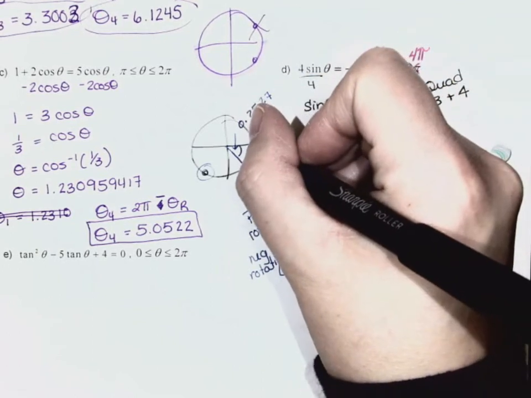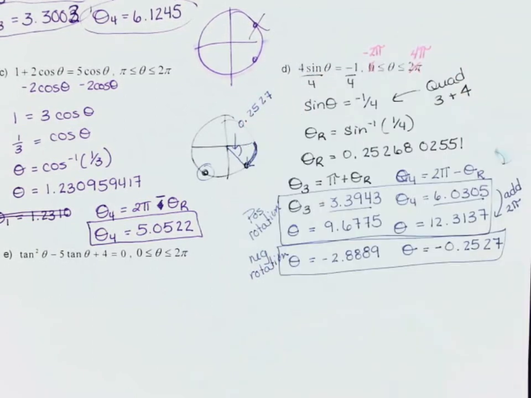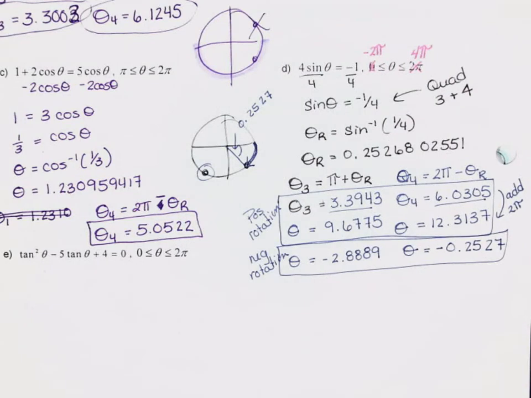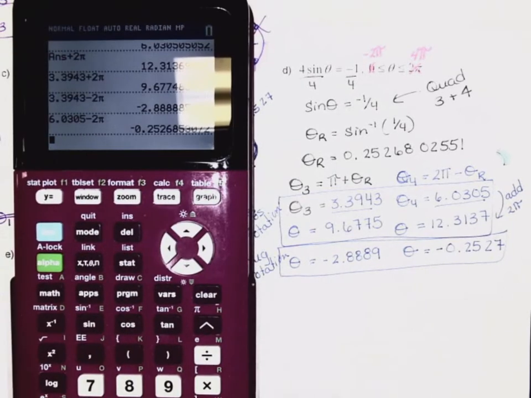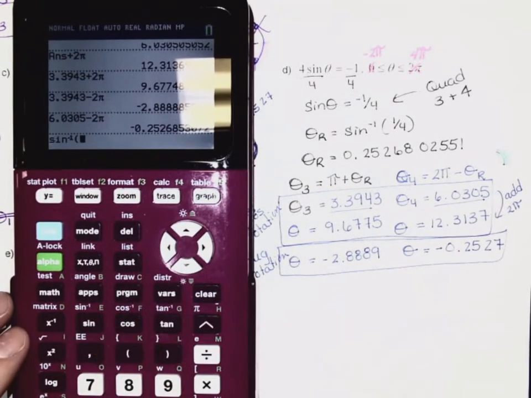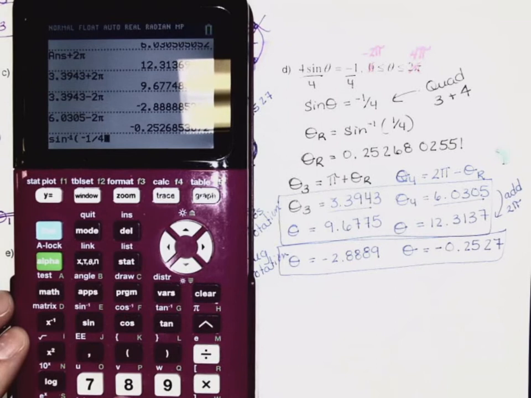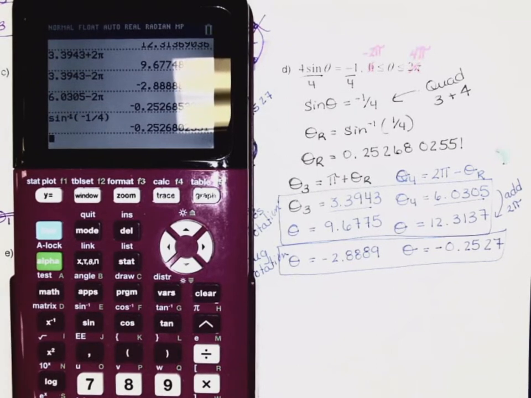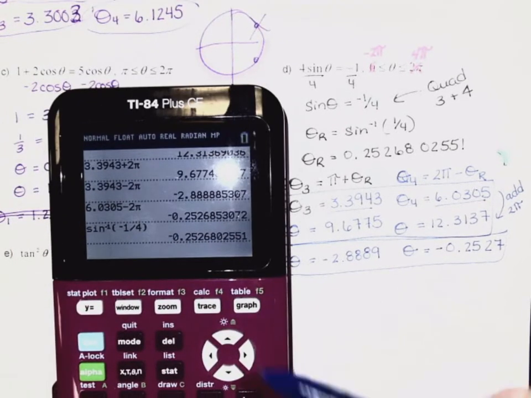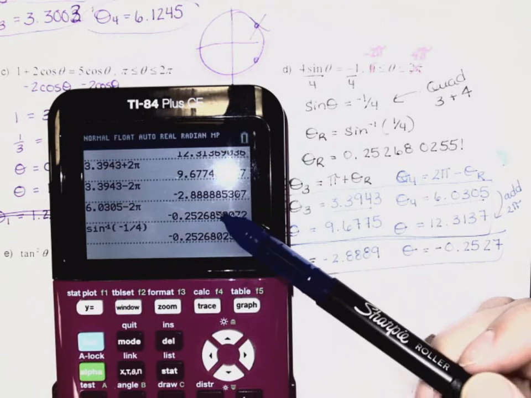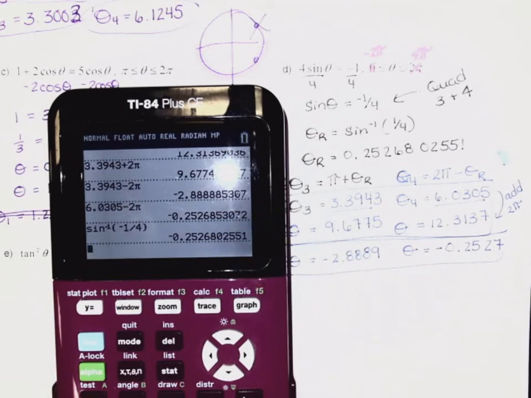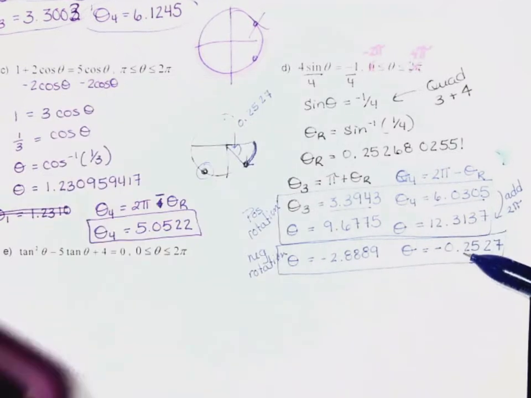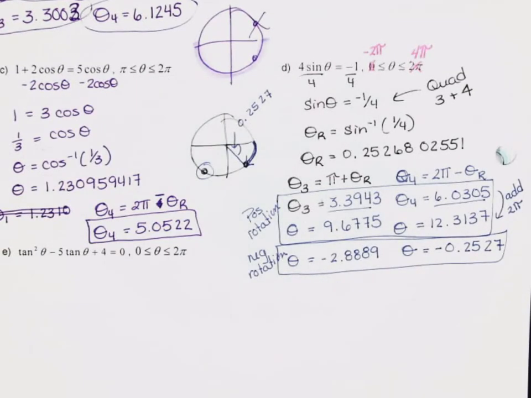But if I do it as a rotation, how far have you traveled in this direction? You've traveled in the negative direction. Does that make sense? Kind of, sort of. And if I did this in my calculator, second function sine of negative 1 divided by 4, I get the exact same answer. So all it's going to give me is that one angle, when really I needed 6 answers to answer this question. Okay?